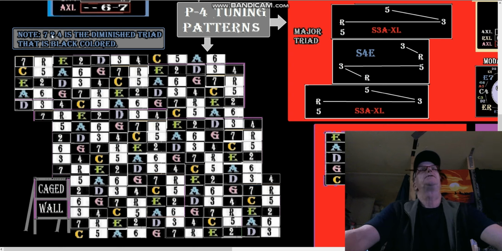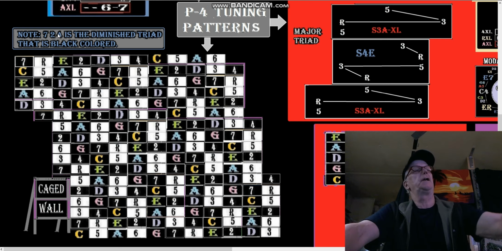Now, as it turns out, 724, which is our half diminished, I'm just going to call them scale numbers: root, 2, 3, 4, 5, 6, 7, root, 7, root, 2, 3, 4, 5, 6, 7. Triad, root 3, 5.